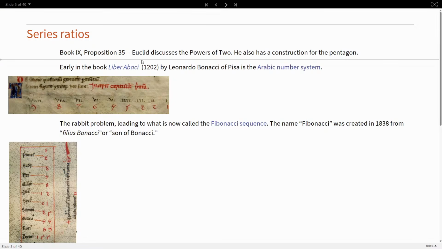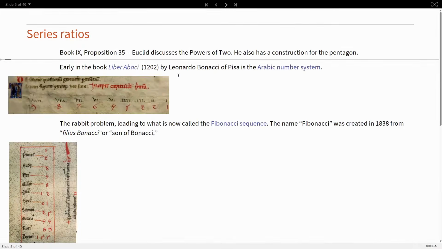And here's the writings of Fibonacci right here. This is a photograph of the book Liber Abaci, where you can vaguely see these numbers here. That's the first place where the Fibonacci sequence was written down.